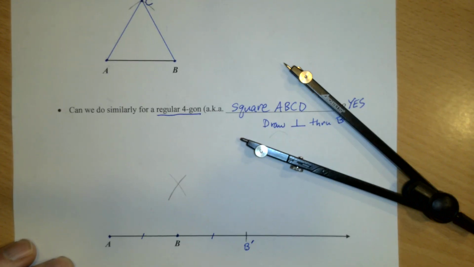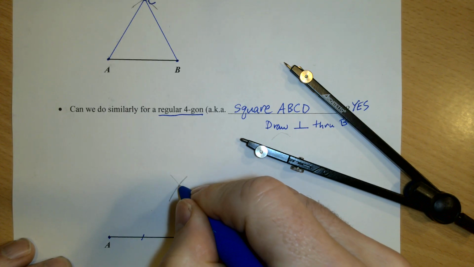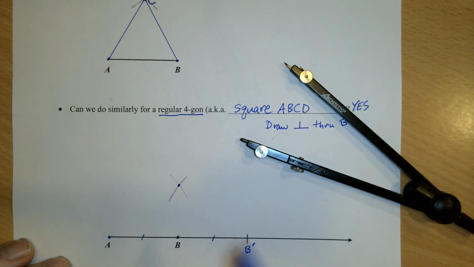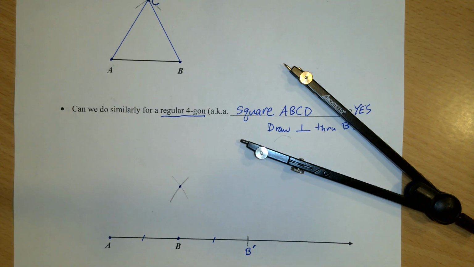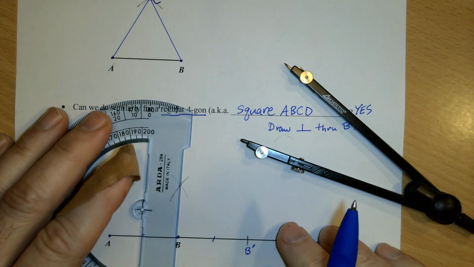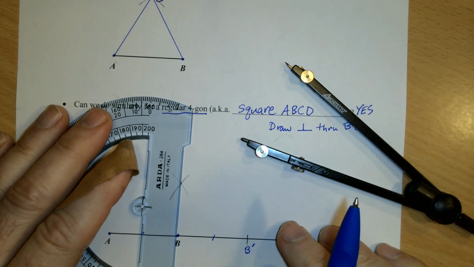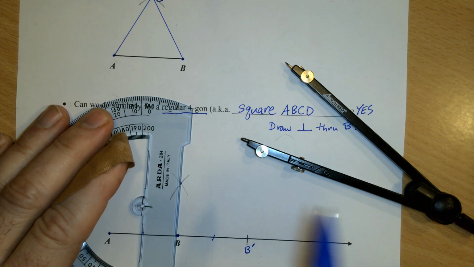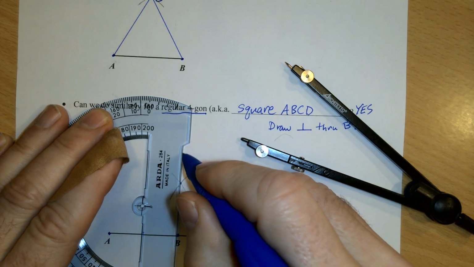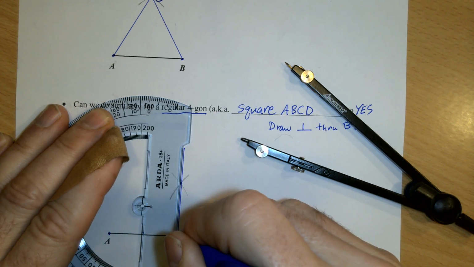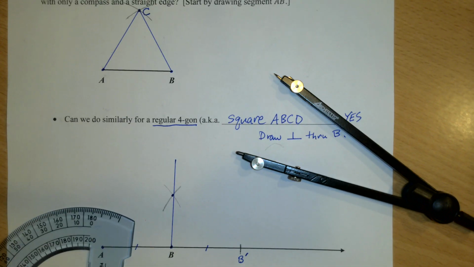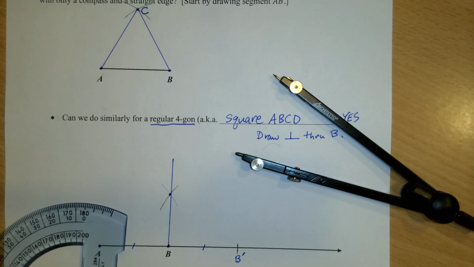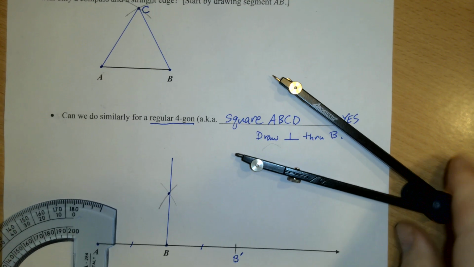Where these two arcs intersect gives us the perpendicular through B. So now I'll draw the perpendicular. Like that. I didn't get it exactly through that point, but okay.